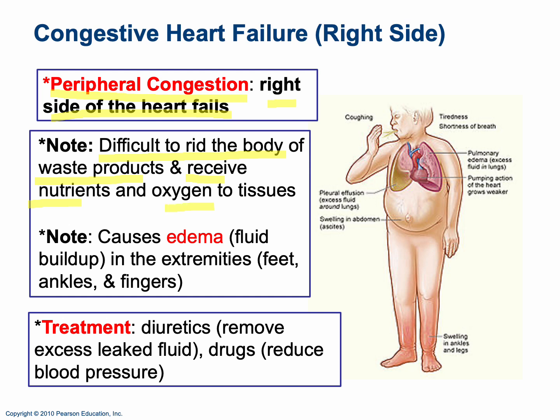So here a lot of fluid buildup more in the extremities is taking place. So a lot of edema, fluid buildup in the extremities. So not the lungs in this case, but more of the feet, more of the ankles, more of the fingers. So we can kind of see that in the diagram image here. So again, here we have feet, ankles swelling up. You can have fingers as well. So that's more of what's happening here with right side failure.